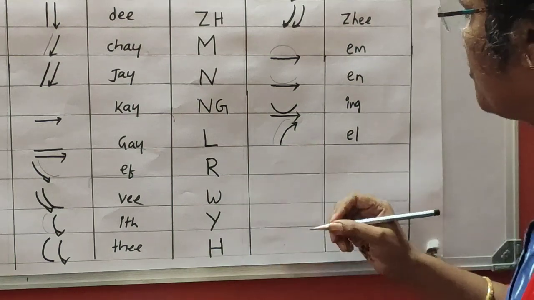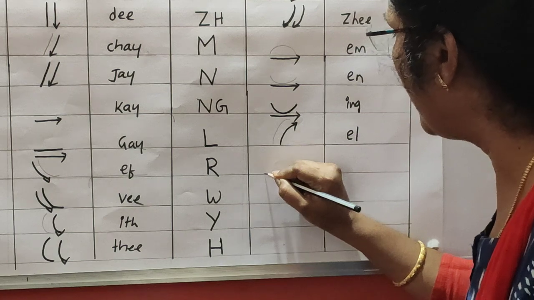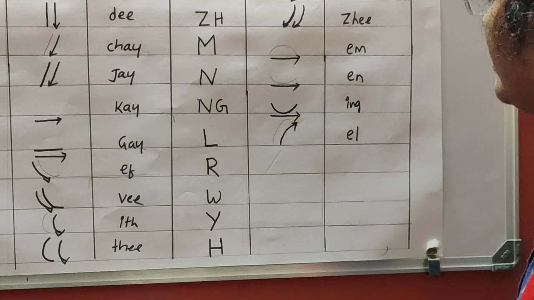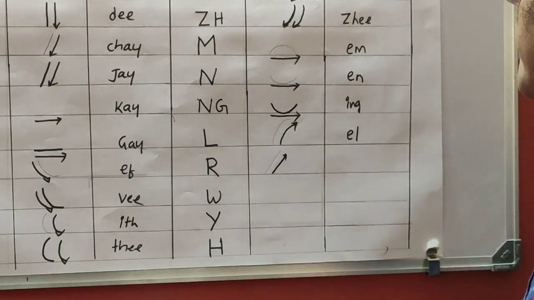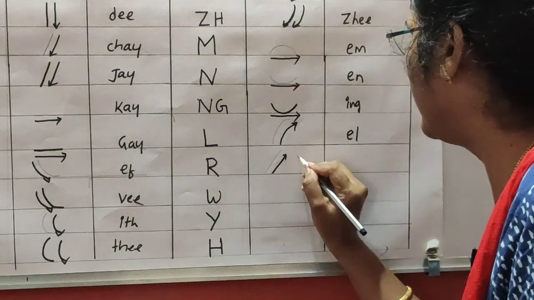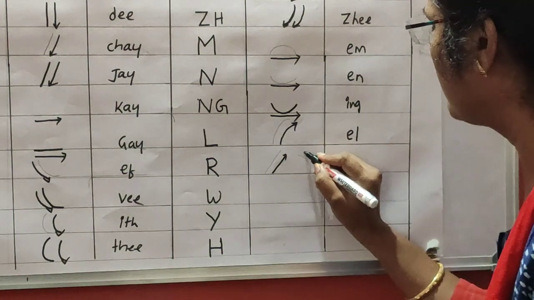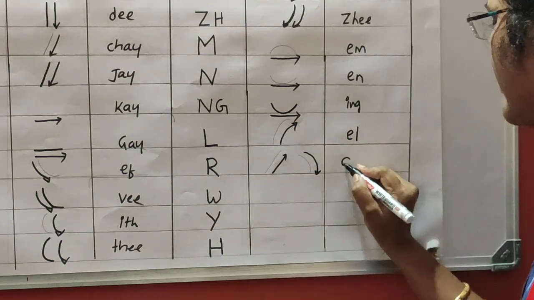It is a light stroke. From downward to upward direction. It is in one way you have to write, and in another way from upward to downward direction like this. This sounds as R.